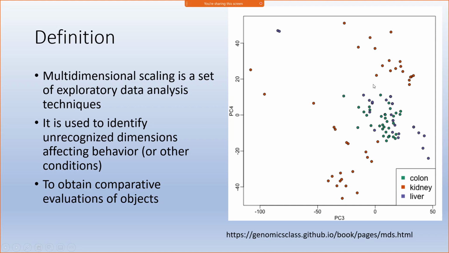But it seems that there are points clustering here, there are points clustering here, and there are points clustering here, and also maybe this one, but not so much here, right?